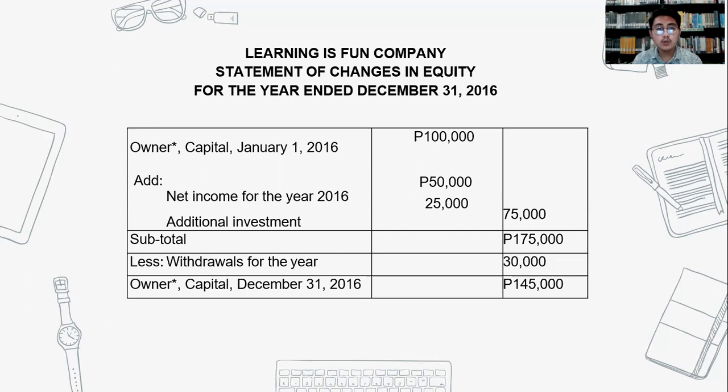So you need to first write the owner's capital, okay, which is, for example, January 1, 2016, you give 100,000 pesos. Then you need to add the net income for the year 2016 and additional investment. Okay, so for example, the given is 50,000 for net income and additional investment is 25,000 pesos. Then you combine it, we have a total amount of 75,000 pesos.